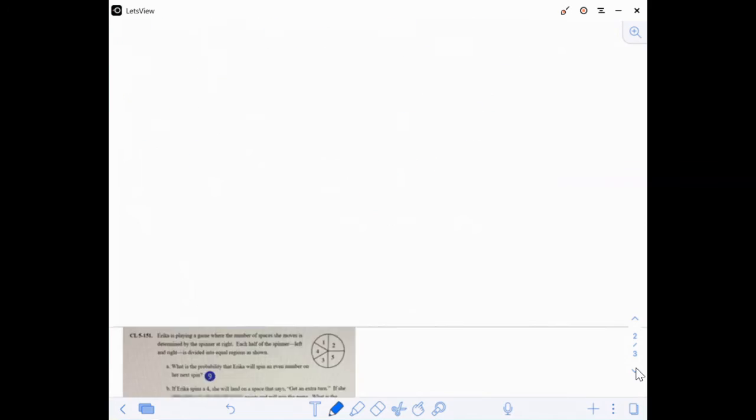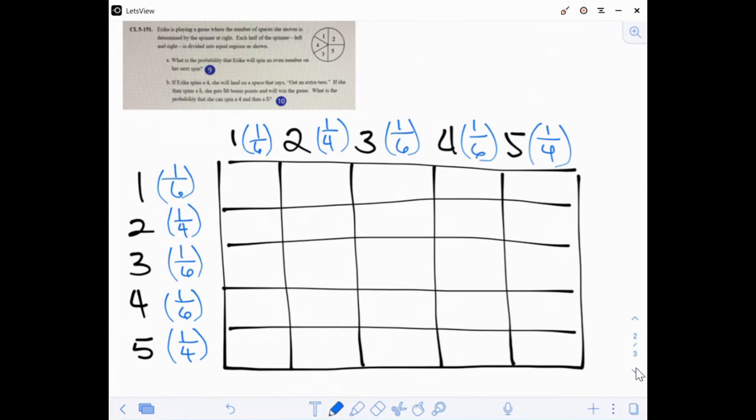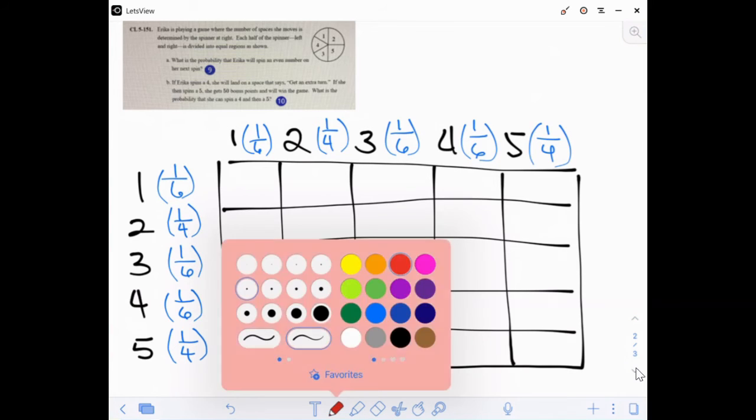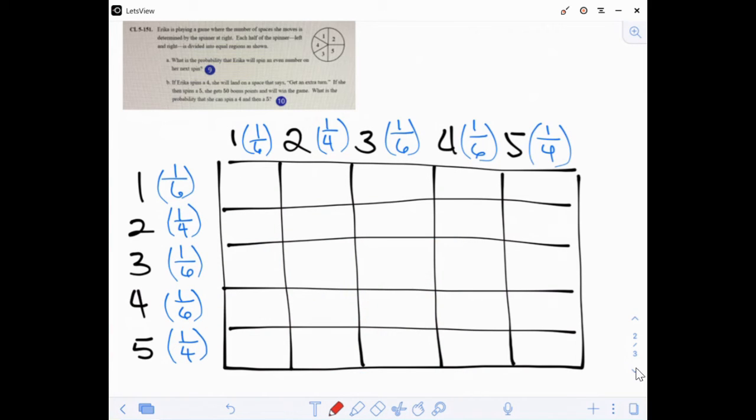So I set up a table and I wrote down the individual probabilities for each spin. So for instance, two events, right? I have one spin. I want to see if I get a 4. So it's my first spin. What's the probability of getting a 4? Well, it's 1/6. Then my second event is on the top.